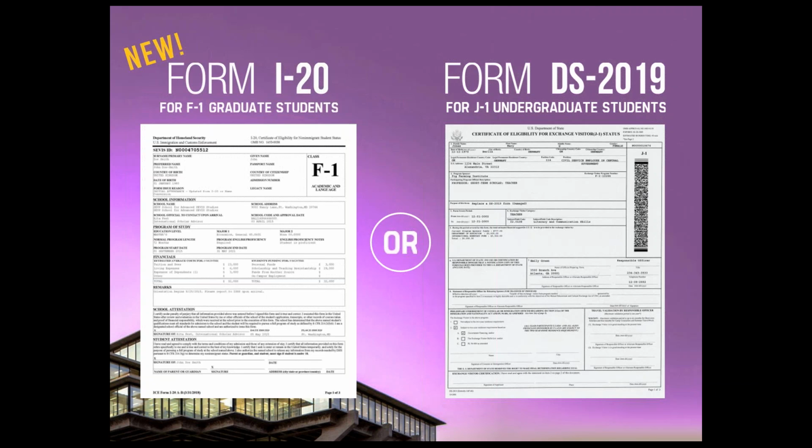So now let's take a poll question. Let's see how many of you already have your F1 visa. Please answer the poll question that I'm about to issue and let me know.